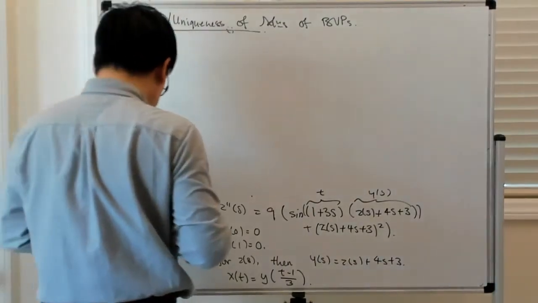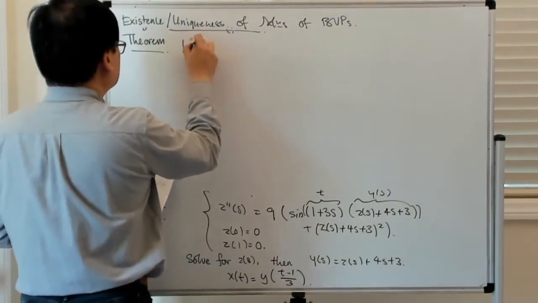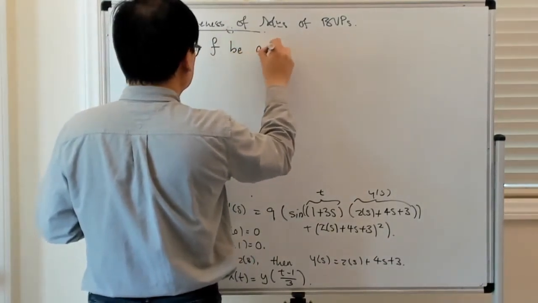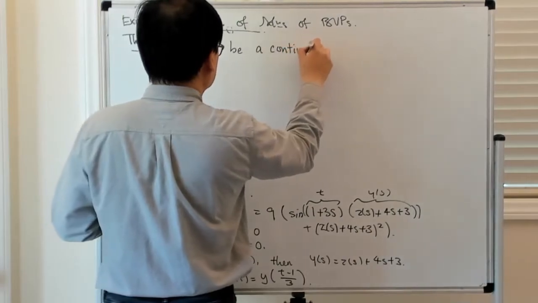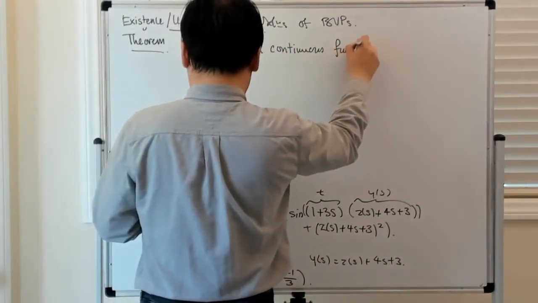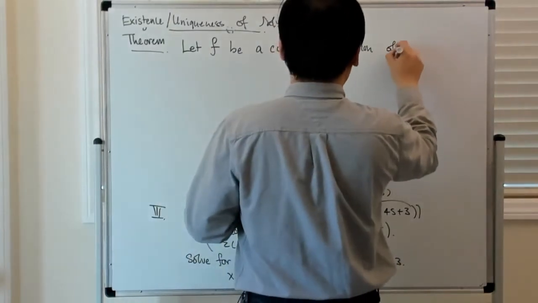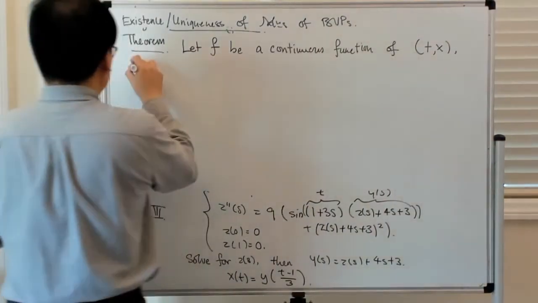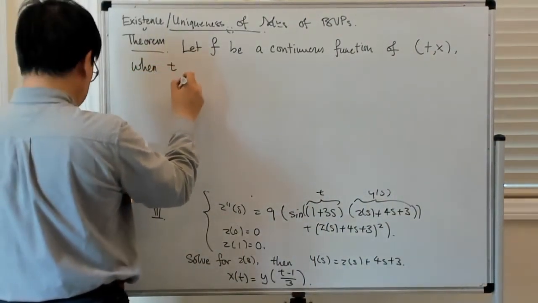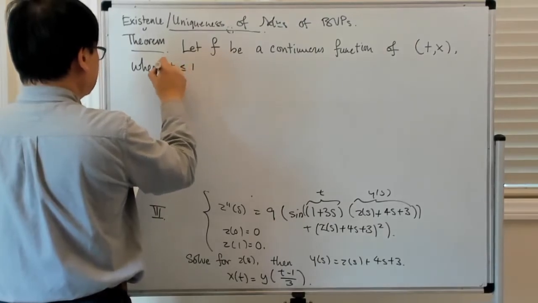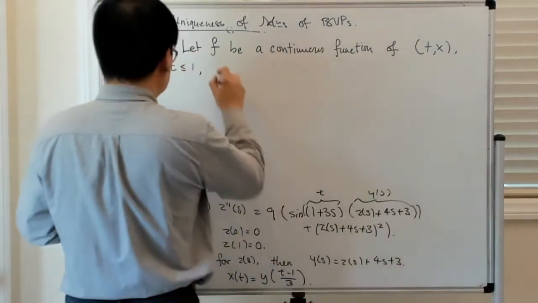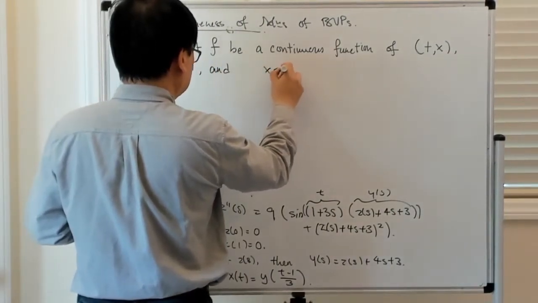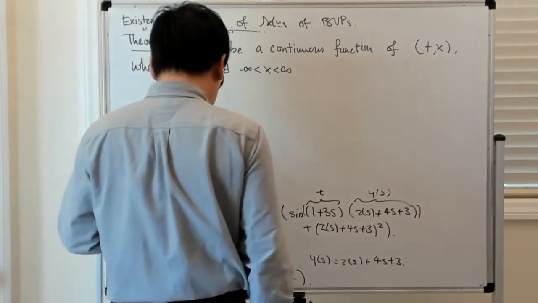Okay, so the theorem is that if you let f, which is the right-hand side of the differential equation, be a continuous function of, let's say, t and x, where t is in the closed interval between 0 and 1, and x is finite.